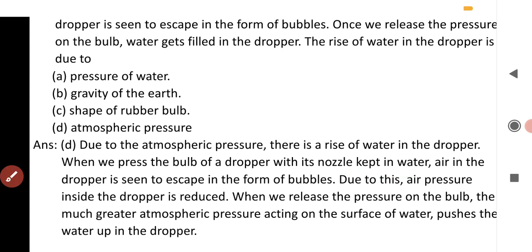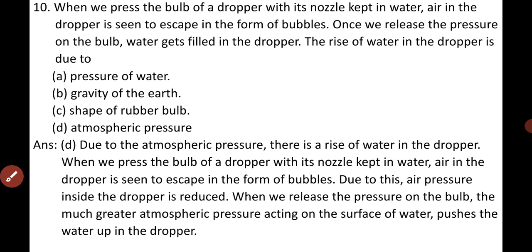So due to this, what happens? Air pressure inside the dropper is reduced because you are pressing it, right? You are reducing the amount of air which is present inside the dropper. So the air pressure inside the dropper will get reduced. And when we release the pressure on the bulb, the much greater atmospheric pressure is acting on the surface of water.